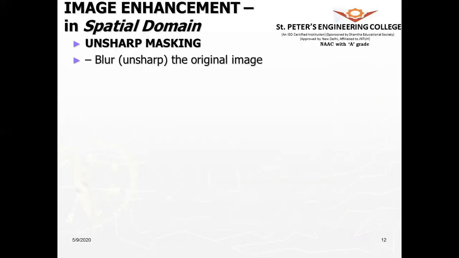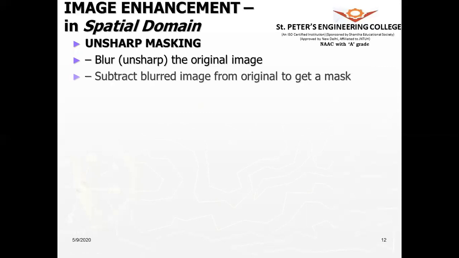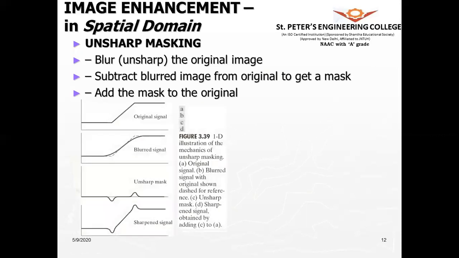Next, we can perform unsharp masking also by using the spatial domain filters. So unsharp masking is basically to blur the original image. This can be done by subtracting the blurred image from the original to get a mask, and then adding that mask to the original so that you get the unsharp masking.